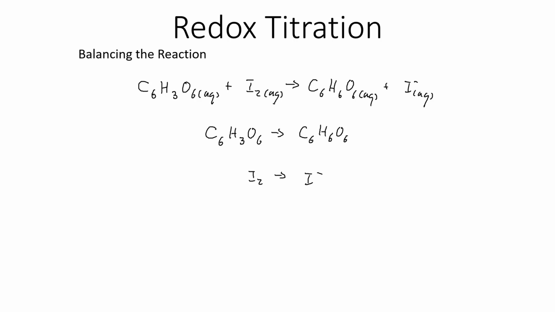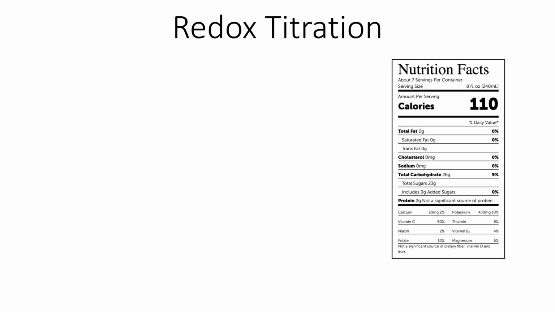All right. The next part of the lab that you have to do, not in advance, but at the beginning of the lab, is you're going to have to calculate the actual concentration in our vitamin C. You see what we're doing here is we're going to see if you actually have enough vitamin C, just like they say in the label.